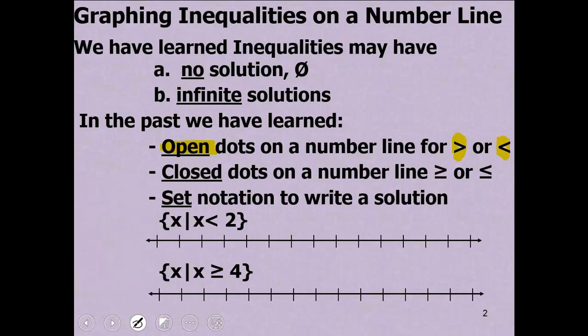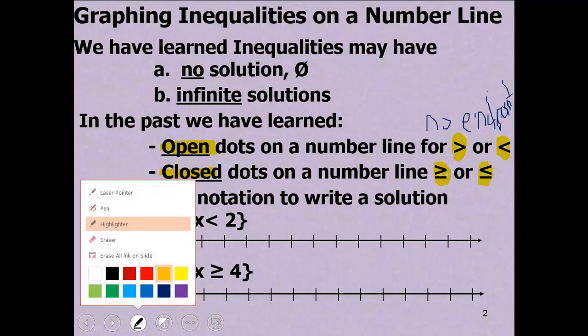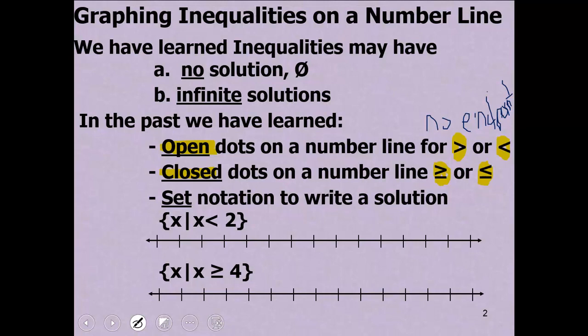This would be no endpoint. We've used the closed dot on a number line for the ones that are inclusive or include the endpoint.